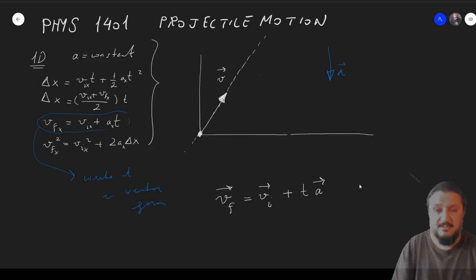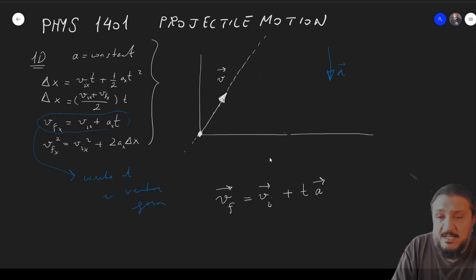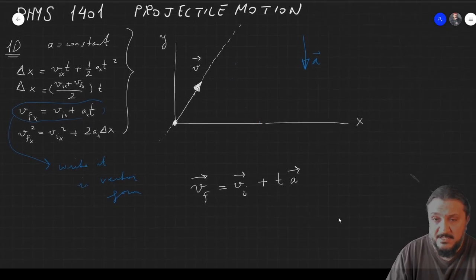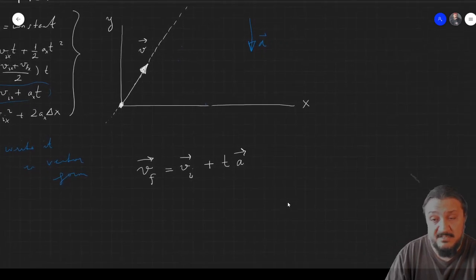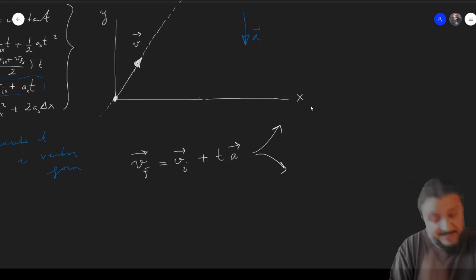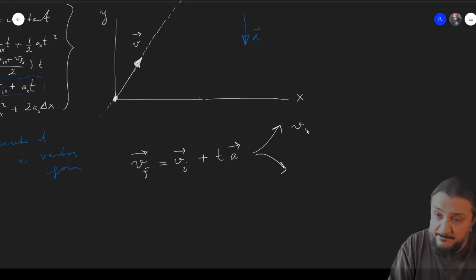Now, why did I write it like that? Because I have two directions now. X is horizontal and Y is the vertical. And as you know, every vector equation can be decomposed into its X and Y components. So we have two equations here that arise from one equation. One along the X direction, V final X, let's say.